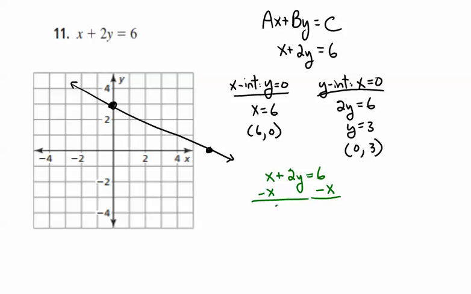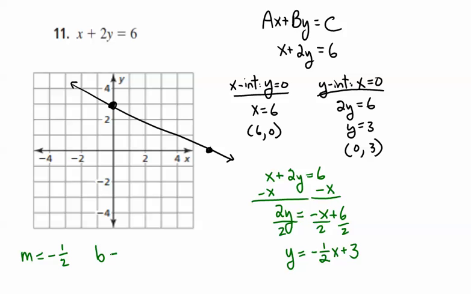And I end up with 2y is equal to negative x plus 6. I want to divide everything by 2. And I end up with y is negative 1/2 x plus 3. From that we can see that the slope is negative 1/2 and the y-intercept is 3.